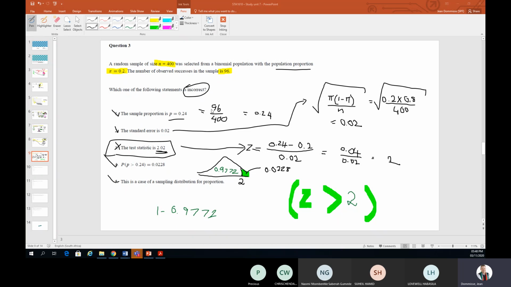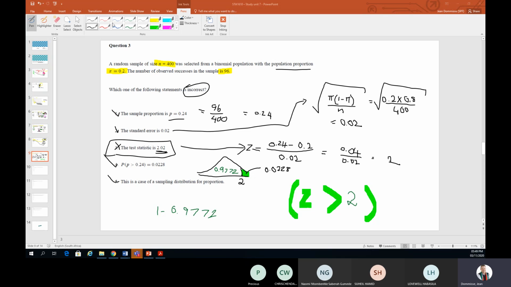Okay, but this nearly tested everything you need to know about the sample distribution of a proportion. It tested how you need to work out the Z. It tested that you know what the standard error is. It tested you how to work out the sample proportion, and then it tested you to look at the Z table too.